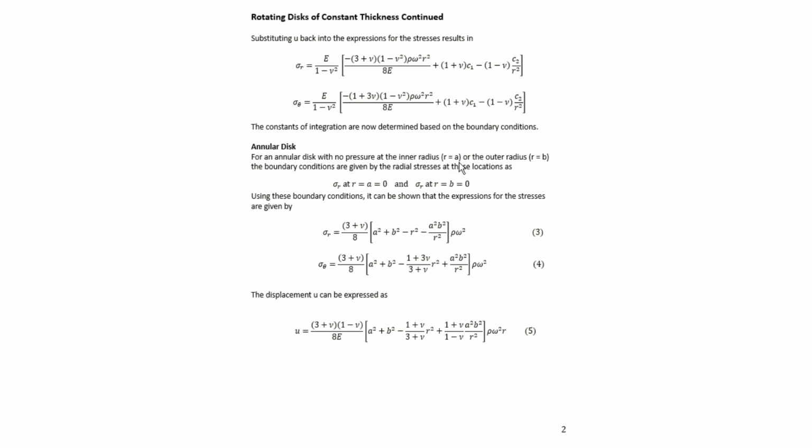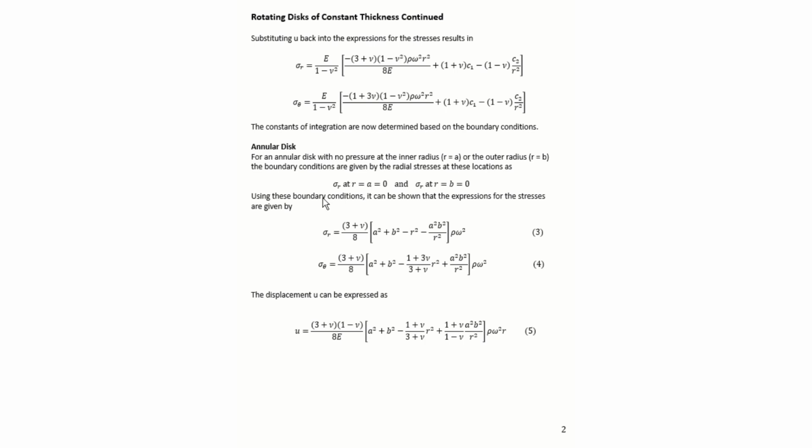So the inner radius would be quantified by A. The outer radius is B. And the boundary conditions are that the radial stress at the inner wall is equal to 0, and the radial stress at the outer wall is equal to 0. And again, that's because the pressures at those points are equal to 0.